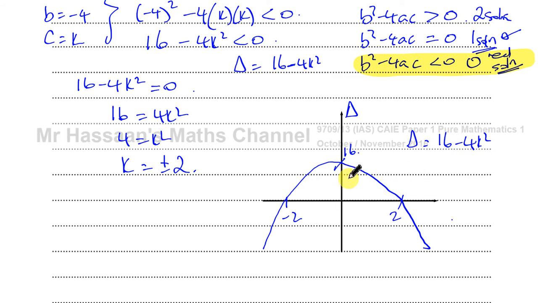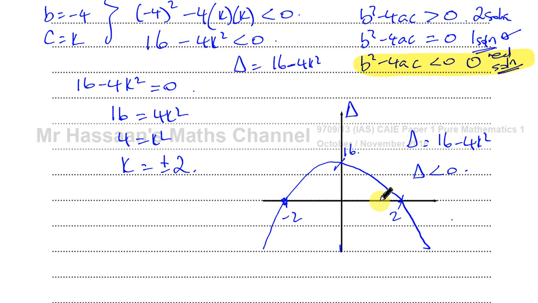Now, we want to know when the discriminant gives us a value which is less than 0. Where we are on the discriminant value is given by the y value of every point. For example, when k is minus 2 or plus 2, the discriminant value is 0.